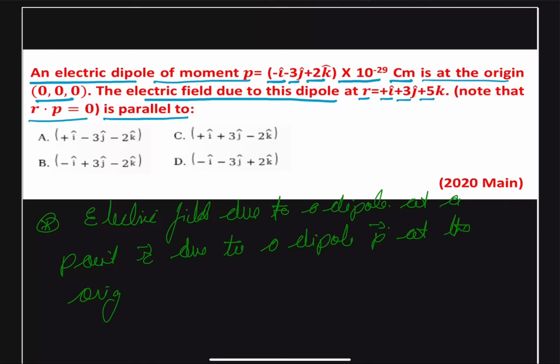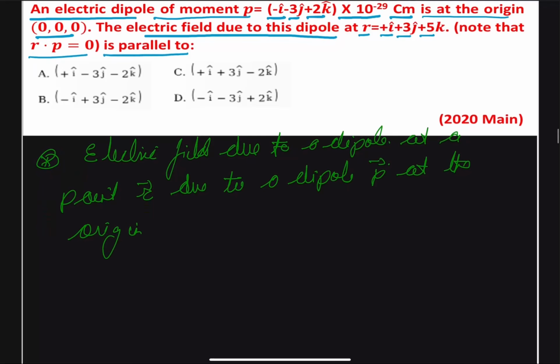If that electric field is given as E, then E will be equal to K multiplied by 1 upon R cube, times 3 dot product of the dipole and the unit vector, minus the dipole vector.